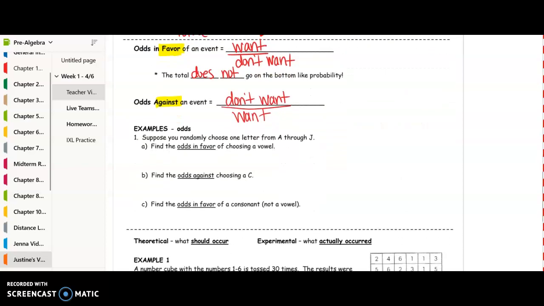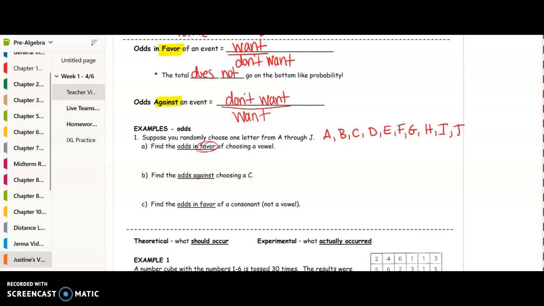So if we look at this first example, suppose you randomly choose one letter from A through J. Find the odds in favor of choosing a vowel. So the first thing I'm going to do is write out A through J here so we know what letters we have. Okay, and we want the odds in favor of choosing a vowel.